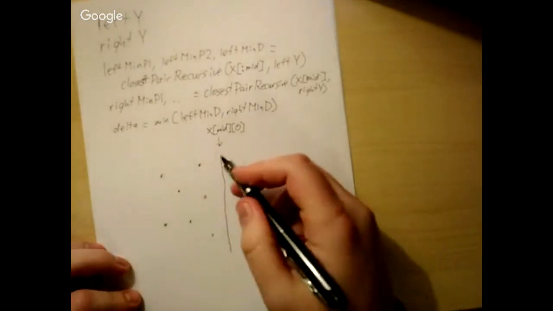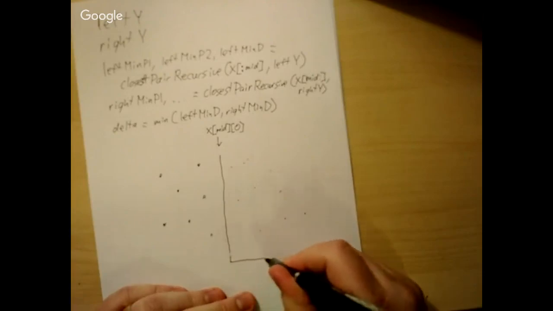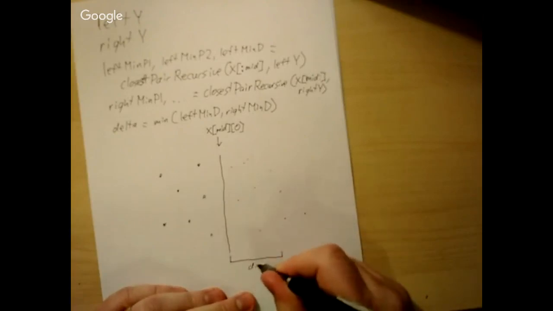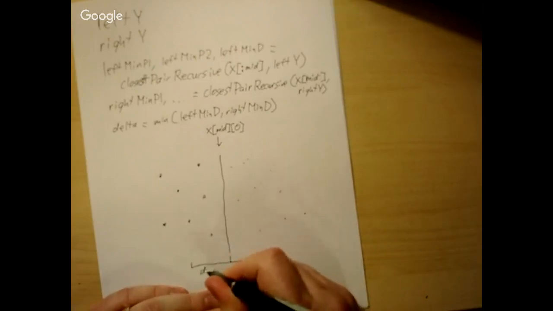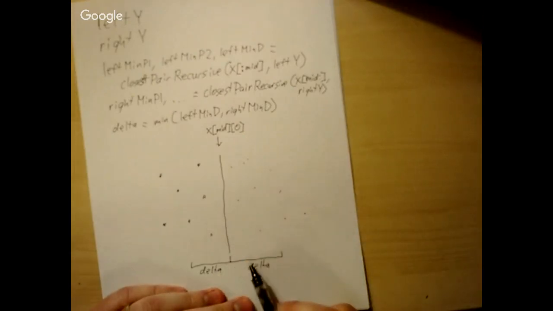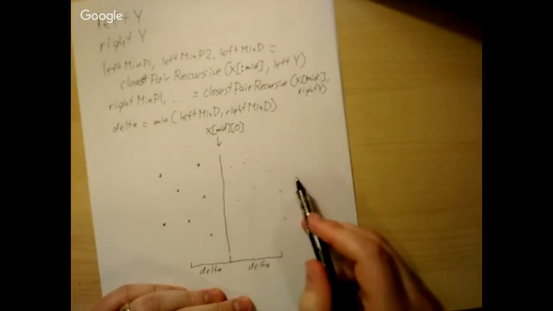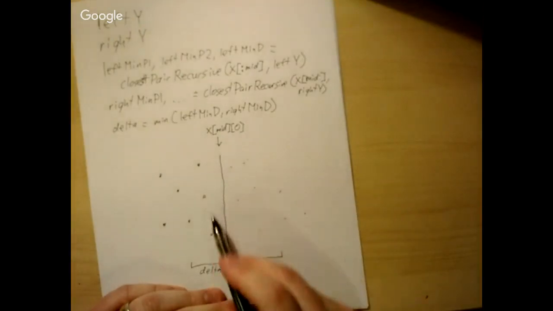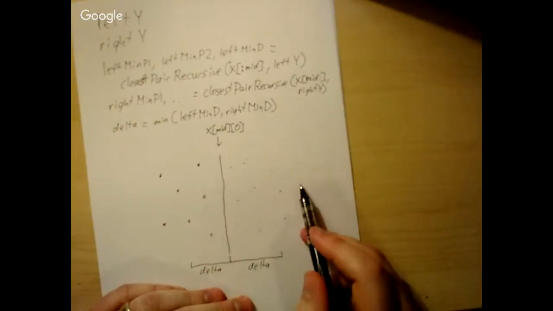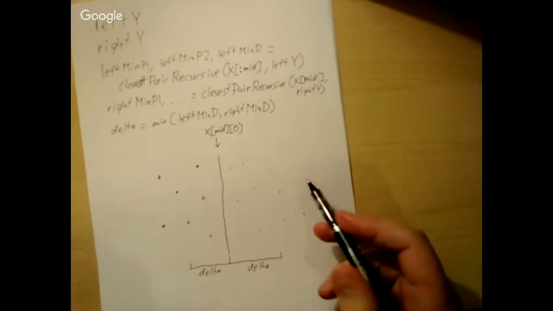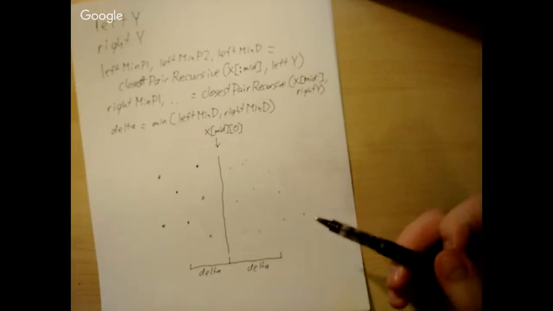And the first thing to observe is that from this midpoint, you only have to look delta to the right and delta to the left. Because if there's some point over here where the x coordinate is more than delta away from the midpoint, any point on the left of the midpoint will be more than delta total distance away, because it's already more than delta away in just the x-axis.